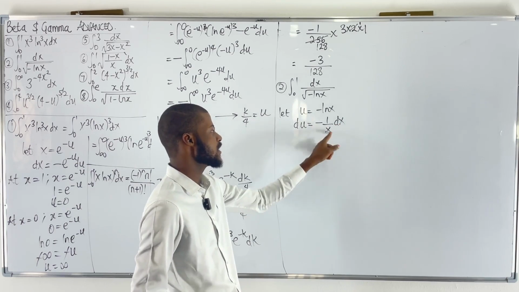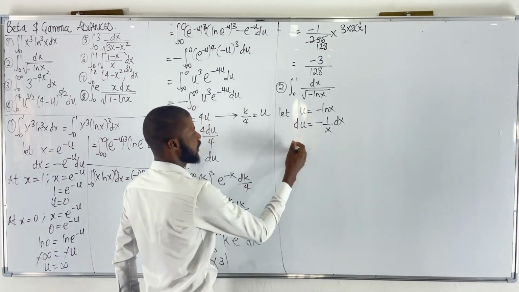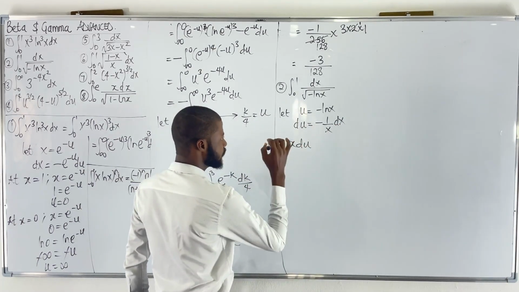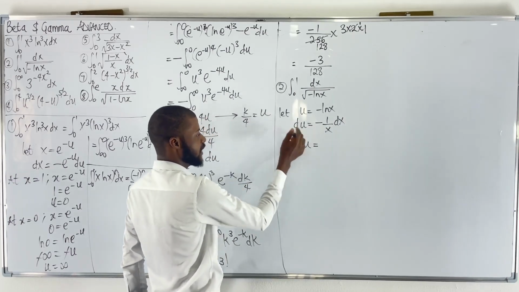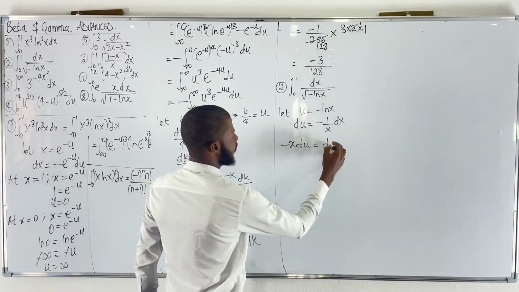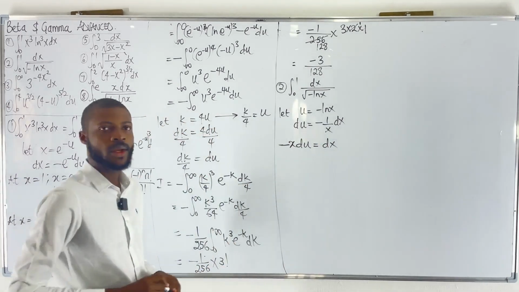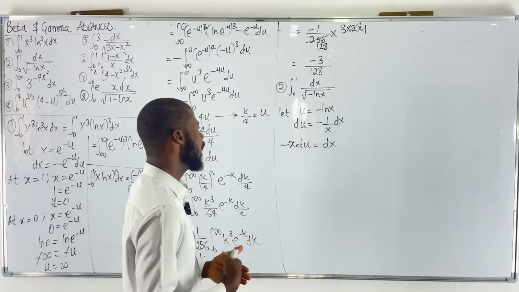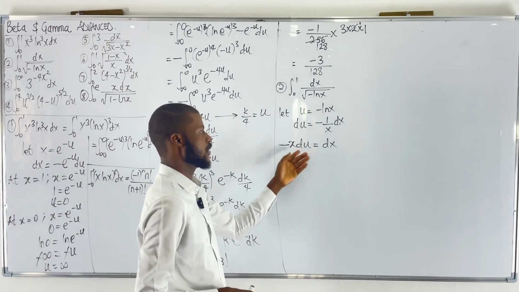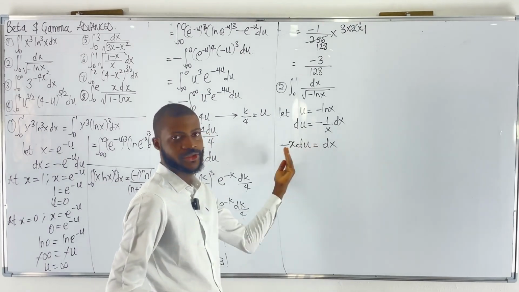We need to cross multiply. So when this x comes here, this will become x du equal to minus dx. But we need the minus to be here too, so put the minus here. Then this is dx. But since we're making a substitution, we try our best to make sure that x does not belong in this du portion.